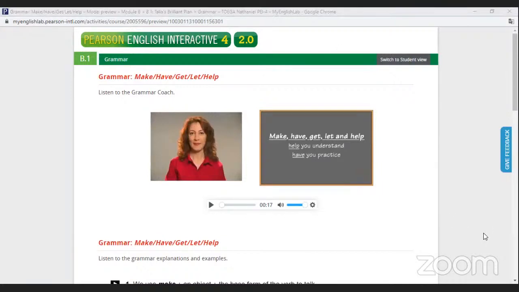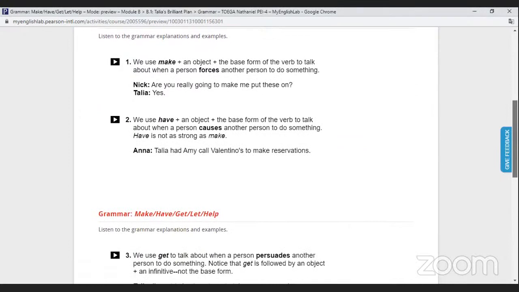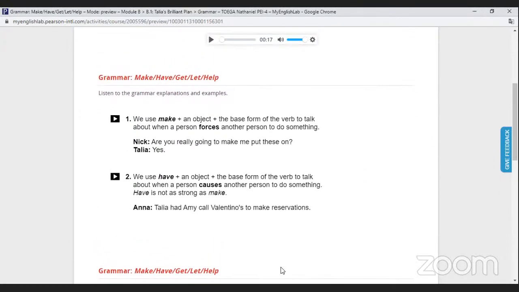Okay, so now let's see the book. We're going to make just a fast review of this. It says, for example, in number one, we use make plus an object and the base form of the verb to talk about when a person forces another person to do something. We already did it.